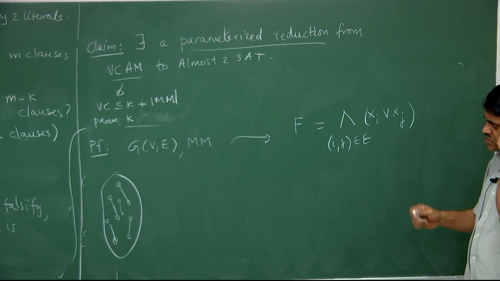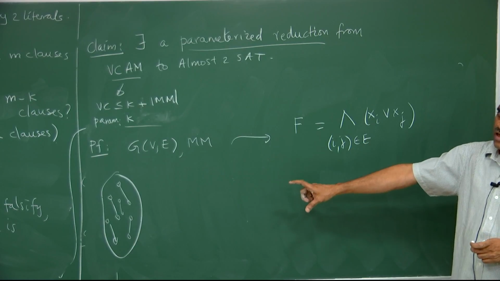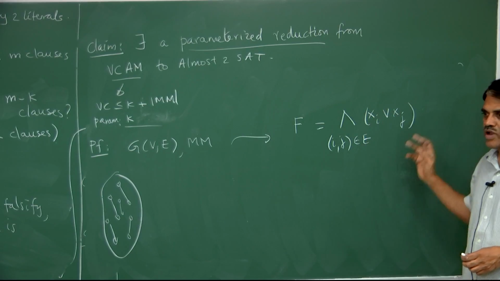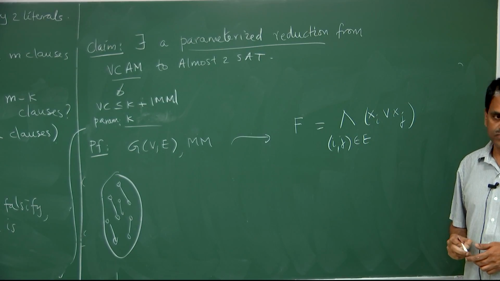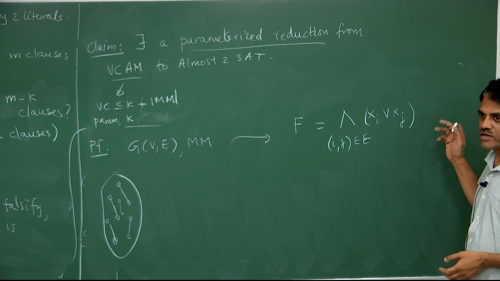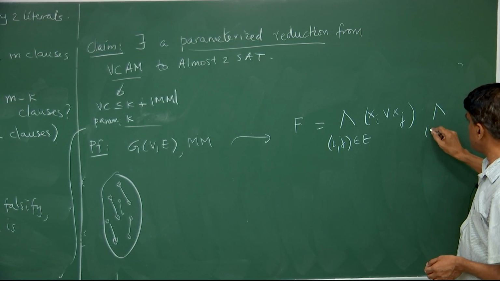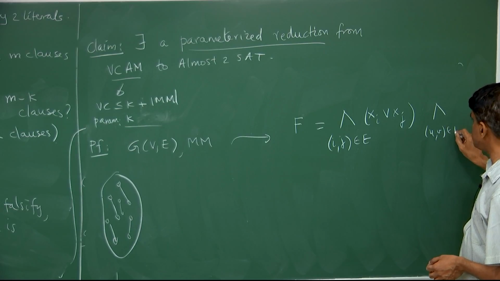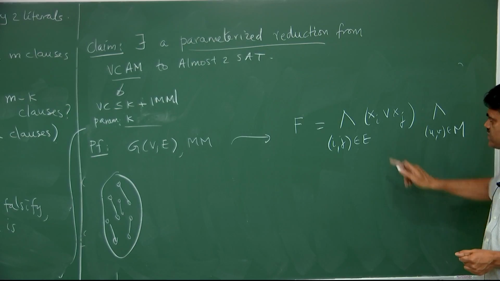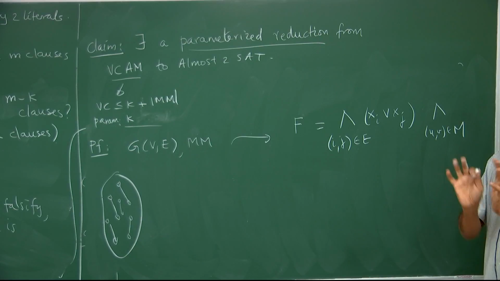Now let me also insist, for every edge in the matching, pick exactly one. I am going to add some constraints saying that. How do I add that as a 2-SAT thing? For every uv in the matching given to me, this constraint already tells me that one of them is picked. Now I am going to say don't pick both.